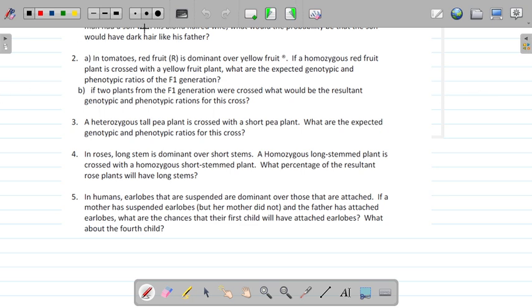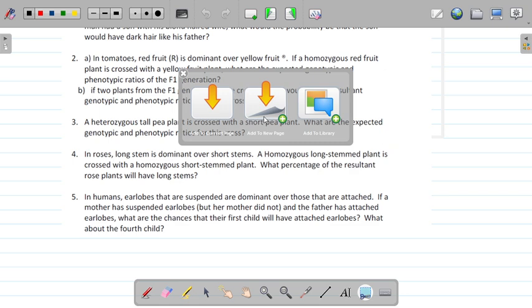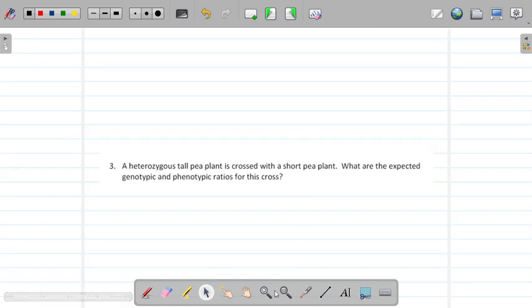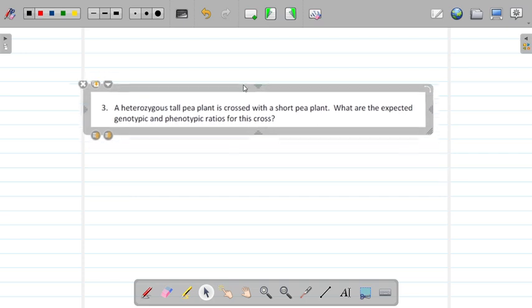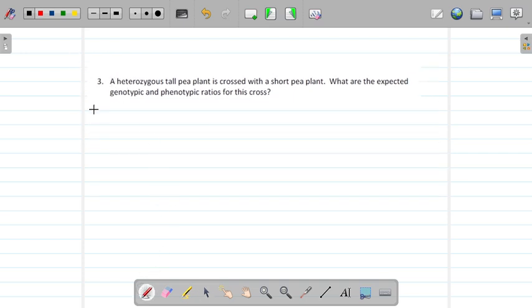Now ratios. I'm going to show you one for ratios, number 3. Number 3 reads as follows: a heterozygous tall pea plant is crossed with a short pea plant.